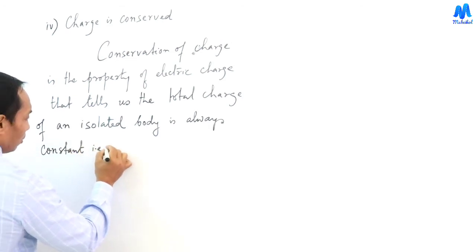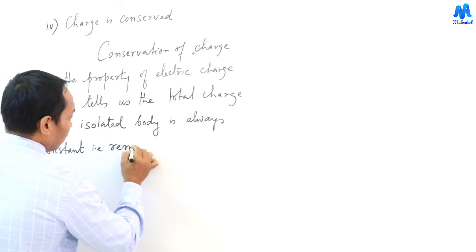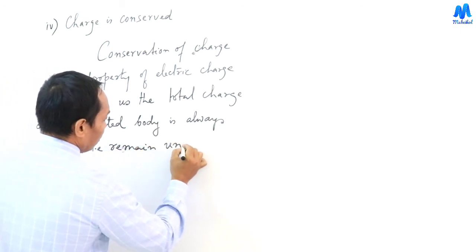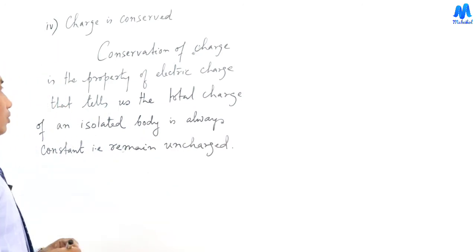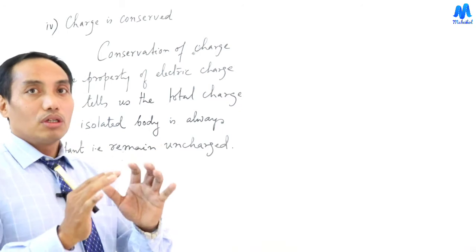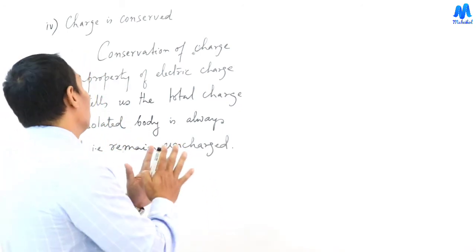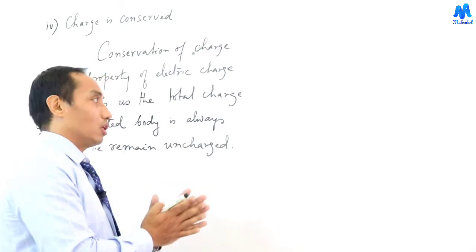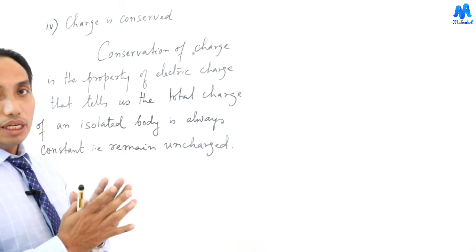That is, we may write, it remains unchanged. So the charge in a body is fixed, it remains constant. This is charge is conserved, or conservation of electric charge. So these are the common properties of electric charge.